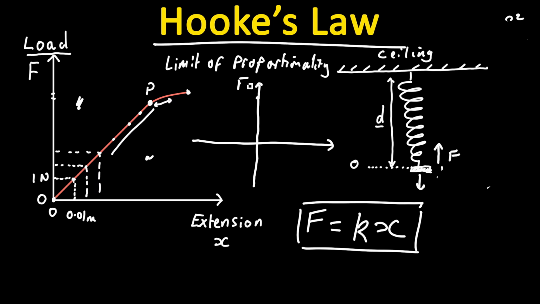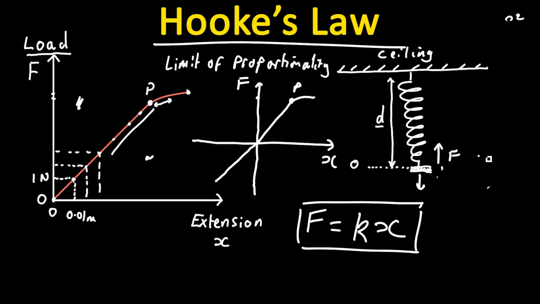So we've got the load on the y-axis and the extension on the x-axis, and this goes up to the limit of proportionality up here, P. This part of the graph is linear, but if we're compressing the spring, we also have a linear relationship in this direction, and the force is negative because a force is a vector and it's pointing in the opposite direction.